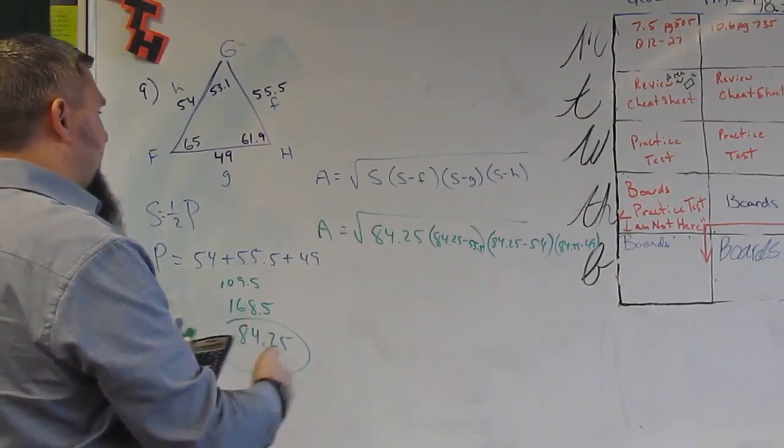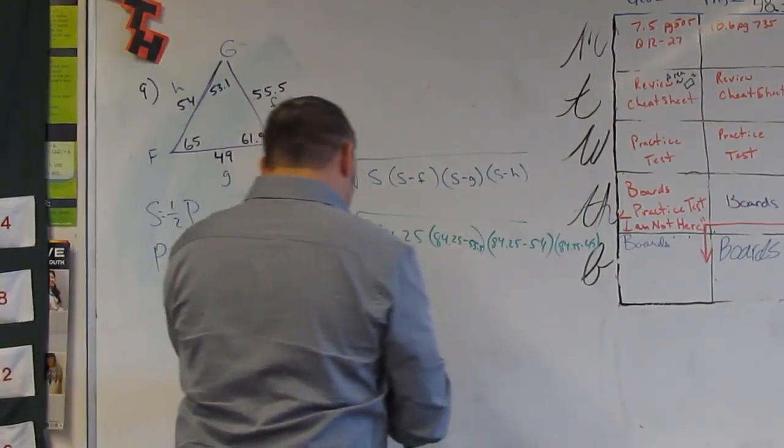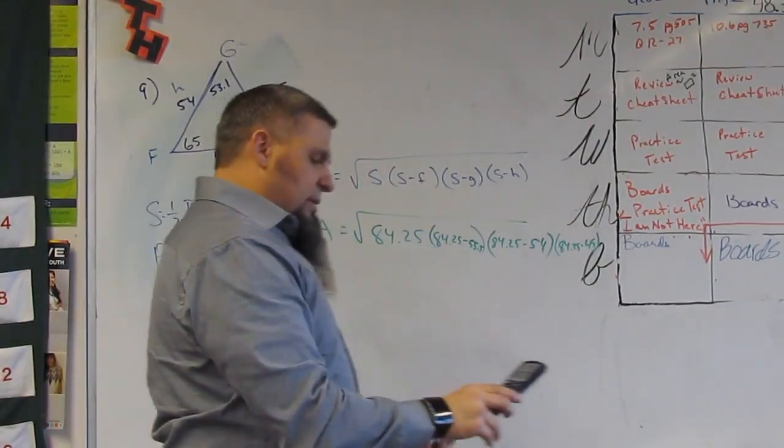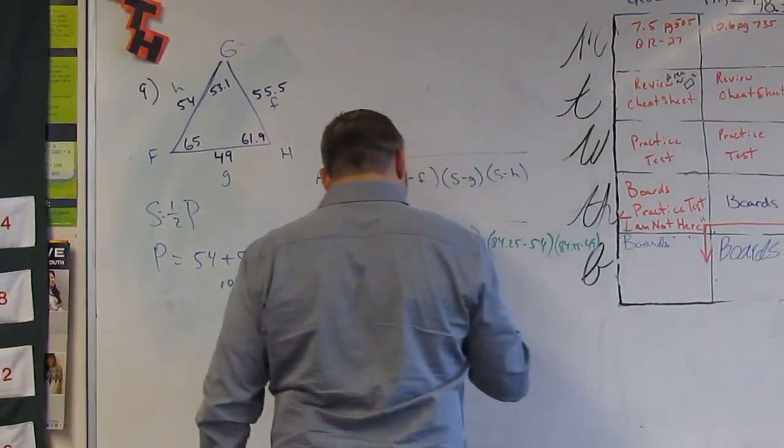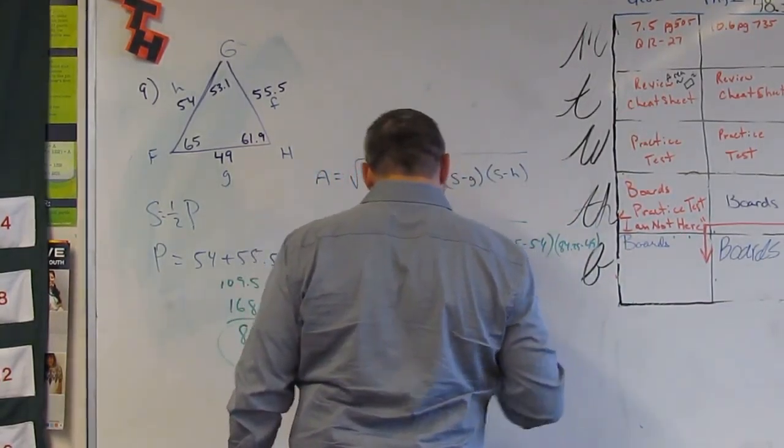Then don't forget your last parentheses there, and so that's 1607.1.